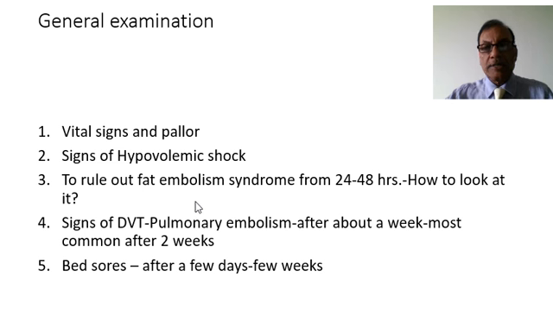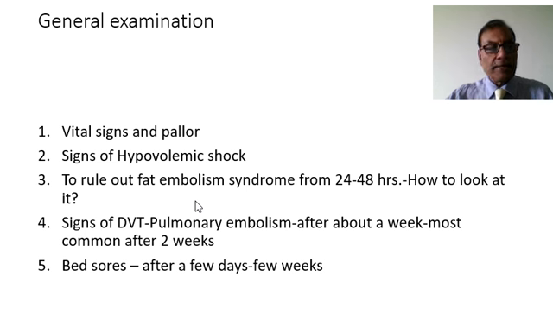When we start the examination, general examination comes first. We start with the vital signs and pallor. You have to look for the signs of hypovolemic shock. After the second day, or after 48 hours, you will start looking for the signs of fat embolism syndrome.